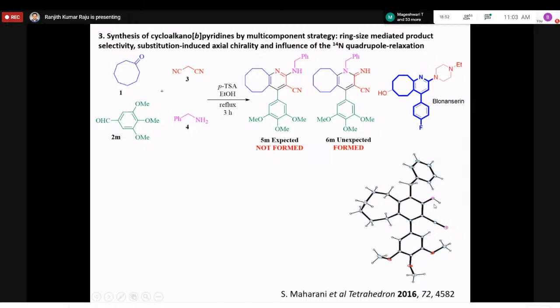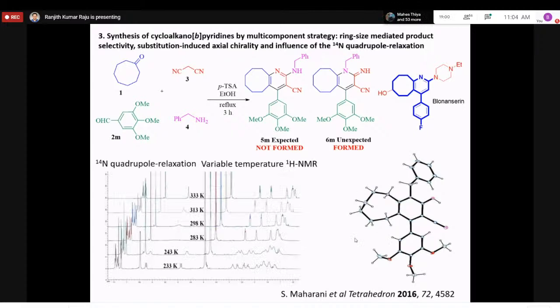And the NMR studies of this compound led to an interesting observation. So here at room temperature, 298 Kelvin, the benzyl CH2 gave a broad singlet here. So initially we thought that yes, this compound was formed and this NH was broad, but the absence of this CH2 was confusing us.